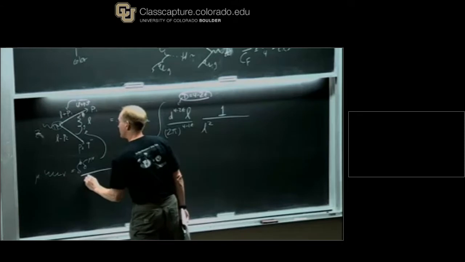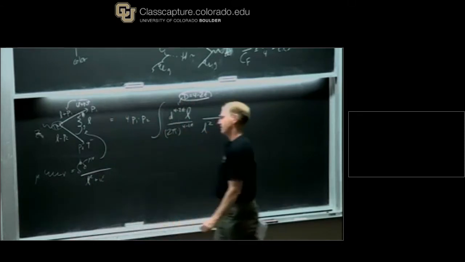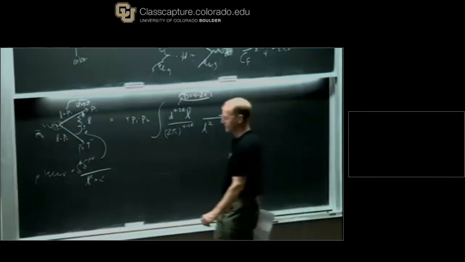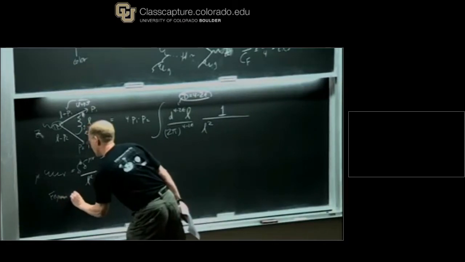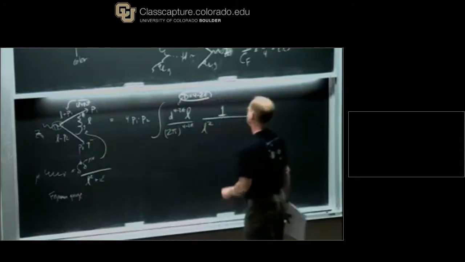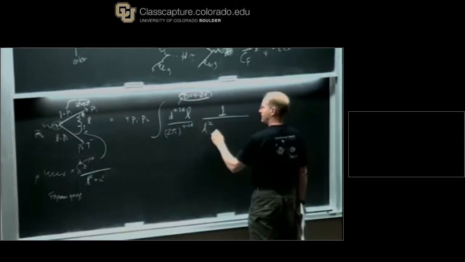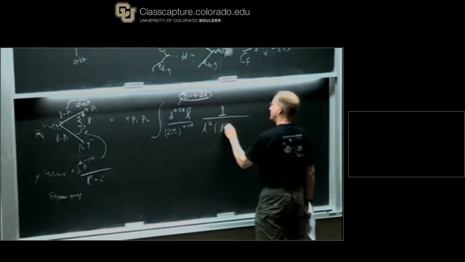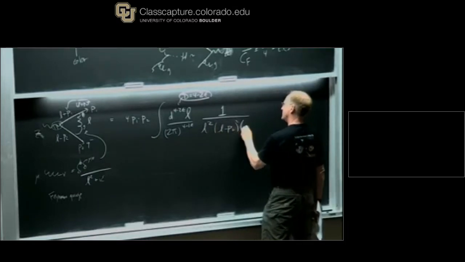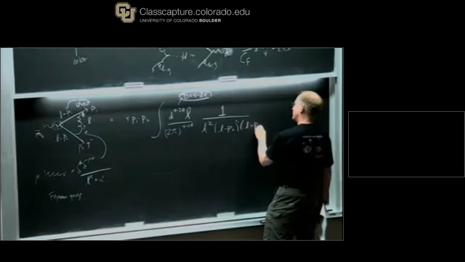And then on either side of it, I also have a propagator L minus P2 squared and a propagator L plus P1 squared.